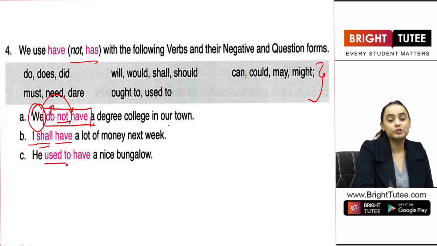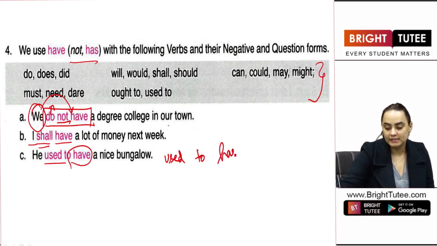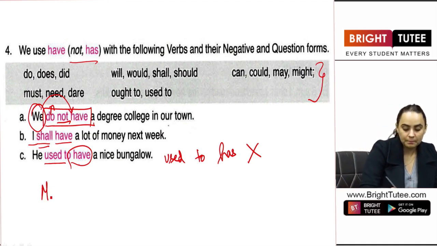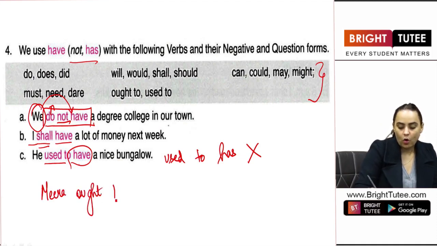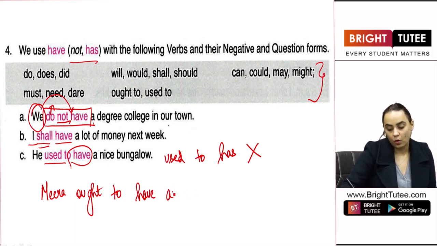With used to, we use have only. We never say used to has. No, this is wrong. Similarly, if I give you more example, Meera ought to have a or an extra pen.